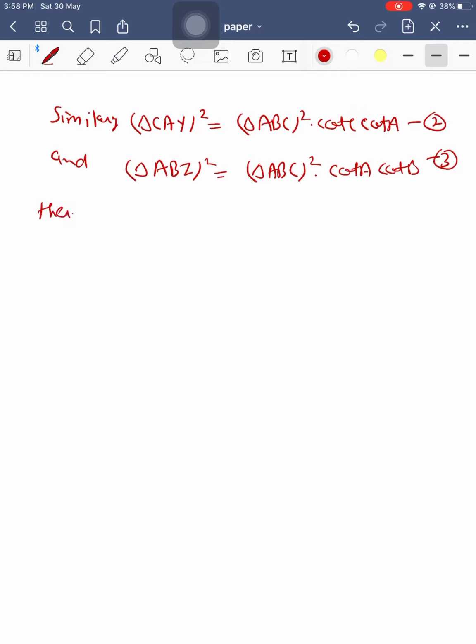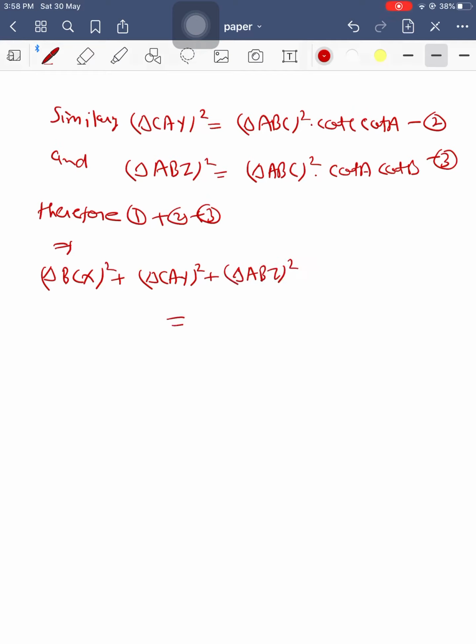Therefore 1 plus 2 plus 3 implies the square of the area of triangle BCX plus the square of the area of triangle CAY plus the square of the area of triangle ABZ equals the square of the area of triangle ABC taken out common, and in the bracket what we have?